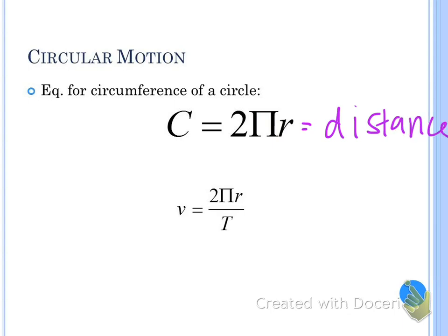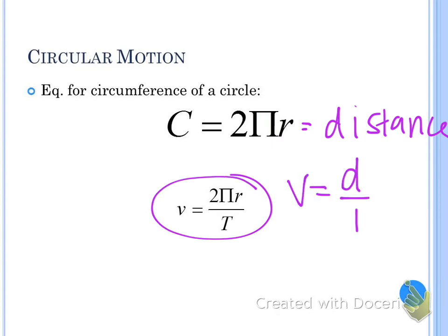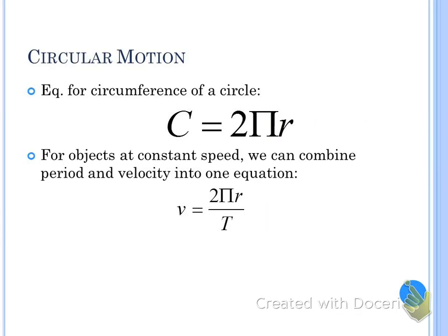And what do we know about velocity at its most basic? Velocity is equal to distance over time, right? So now what we're doing is connecting the distance traveled around the circle over the period, the time it takes to make 1 revolution. That gives us our velocity. This is the distance around the circle, and this is the time it takes for one revolution.